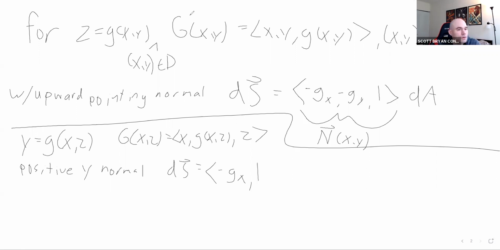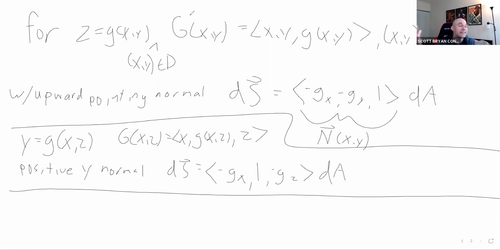Second is 1, because y is the variable by itself. And the third is negative the derivative with respect to z. And then you can guess what we do for x. It's exactly the same thing, except for the normal, the x component's 1, the y component's negative g sub y, and the z component's negative g sub z.